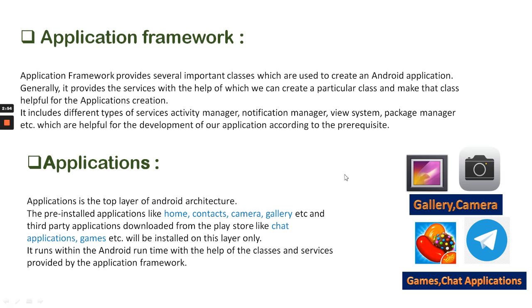When we are using that Android platform for development, you will be able to see what activity manager is, how it is working, how notification manager works, what the view system is required for, how to use it, package manager, etc.